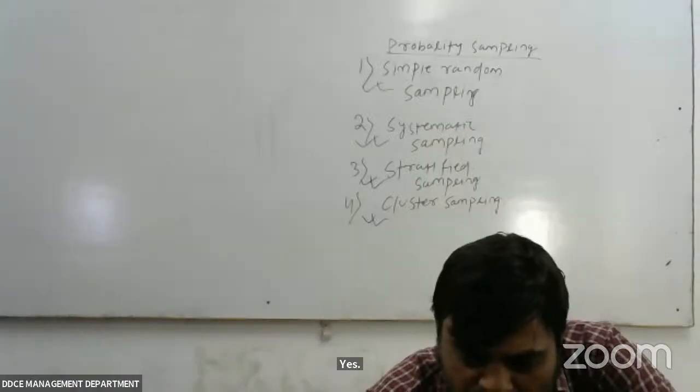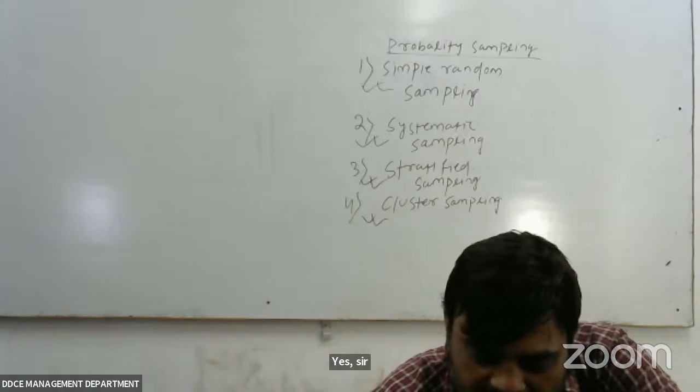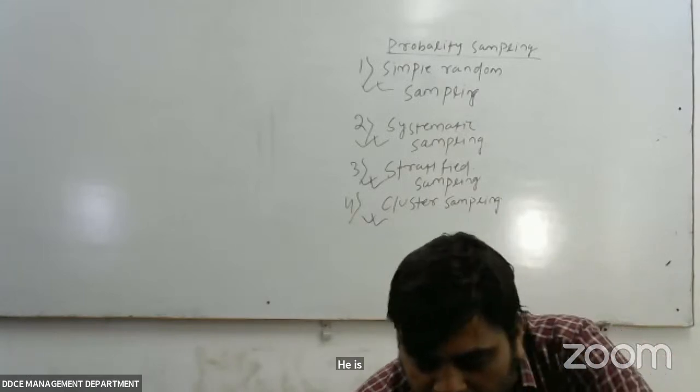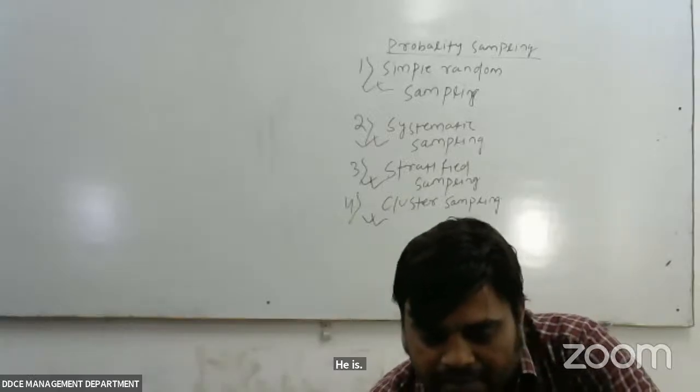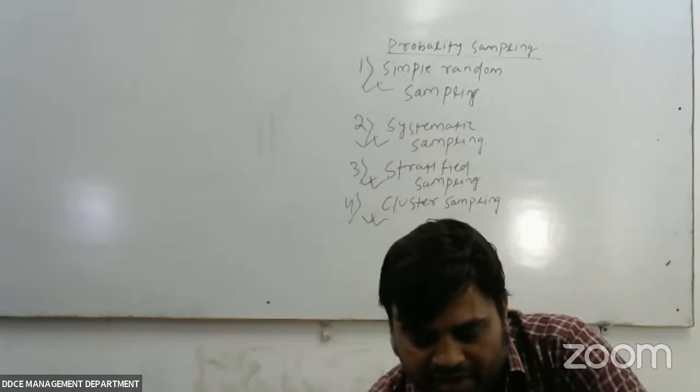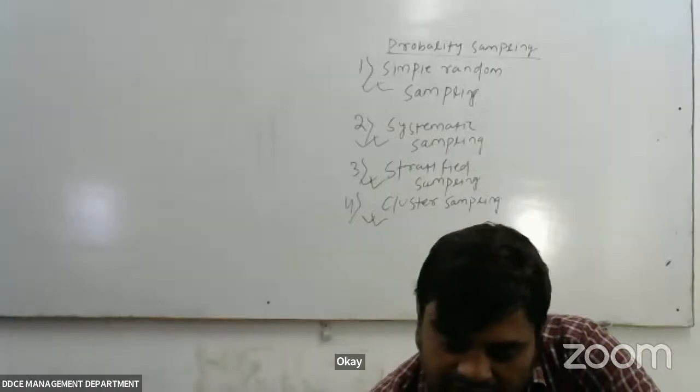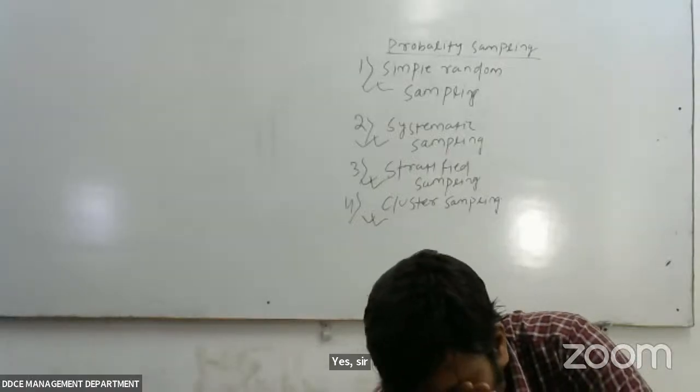Each division is known as a stratum: one stratum for female and one stratum for male. From female I will collect the sample randomly, and from male I will collect the sample randomly. Then I will collect the data and do the research.